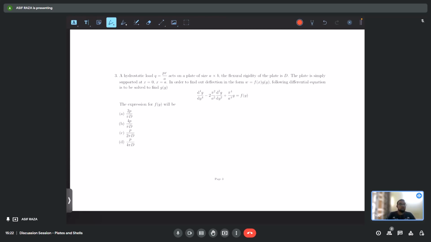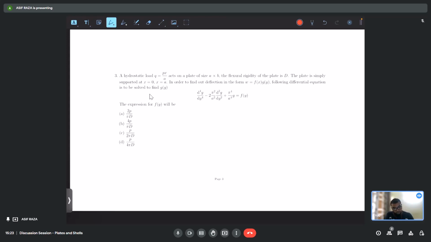We are given with the question, a hydrostatic load q equal to p x upon a acts on a plate of size a by b with the flexural rigidity of the plate to be D. The plate is simply supported at x equal to 0 and x equal to a. In order to find out deflection in the form w equal to F(x) times G(y), the following differential equation is to be solved to find G(y). Okay, and the expression for F(y) will be.